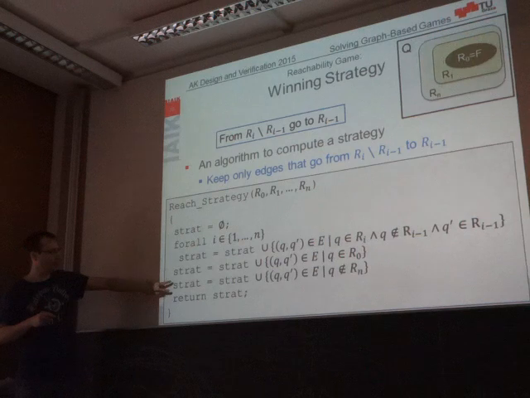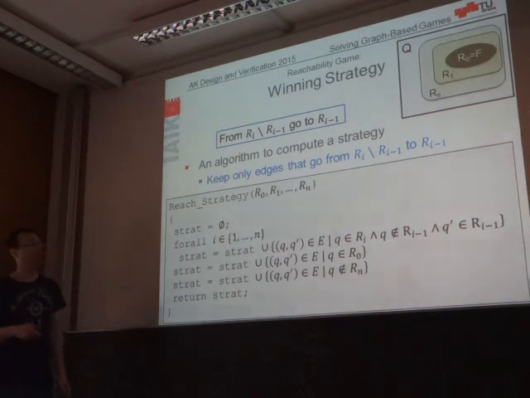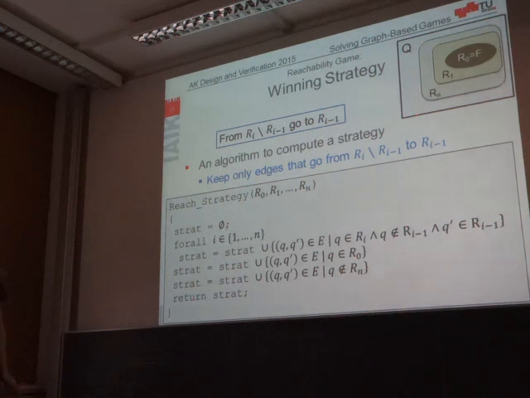Then one more thing is, what do we do outside of our winning region? In this gray part here, which is not part of the winning region, when we start from there, we do not have any hope to win the game. But I'm claiming that we can still get there, namely after we have already won the game. Maybe there are edges from here that only go outside of the winning region. Then we may end up at some point in this gray area.